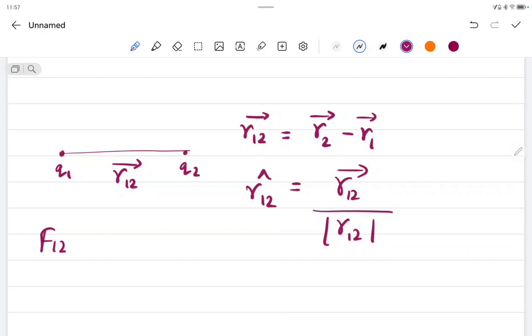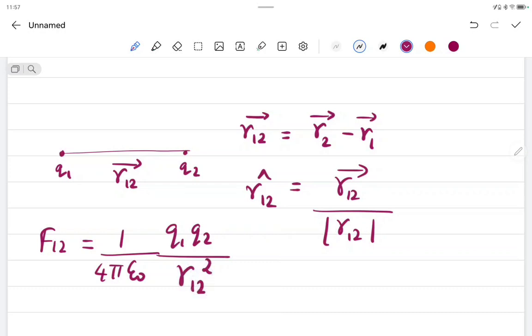First I will write 1 by 4 pi epsilon naught, then Q1 Q2, then the corresponding position vector R12 square into its unit vector. What is its unit vector? R12 cap.